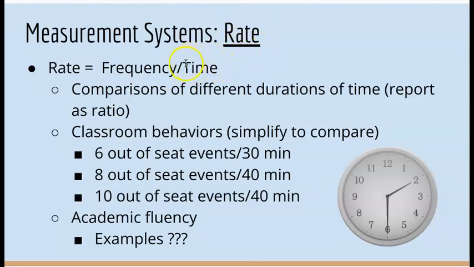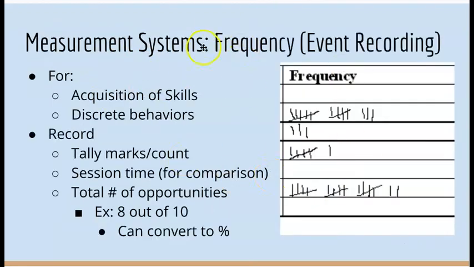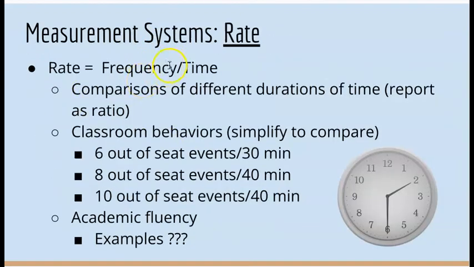And that is if you also have the time component. So if you want to talk about the rate at which a behavior occurs, you can determine that by the frequency, which is the count, the tally marks of the behavior occurring, divided by the period of time in which you measure that behavior. All right, and so very often you will convert a specific behavior that's observed in a time period into a rate.